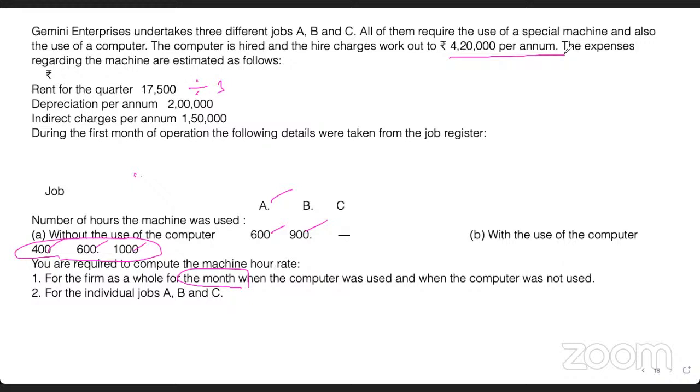Next column, with the use of computer: A, 400 hours into 27.5; B, 600 hours into 27.5; and C, 1,000 hours into 27.5.